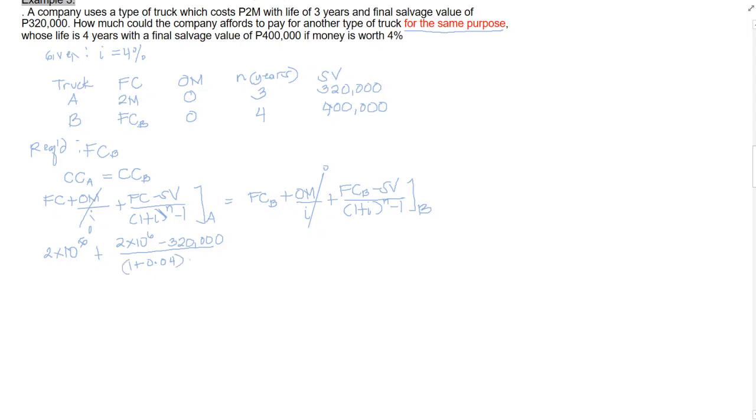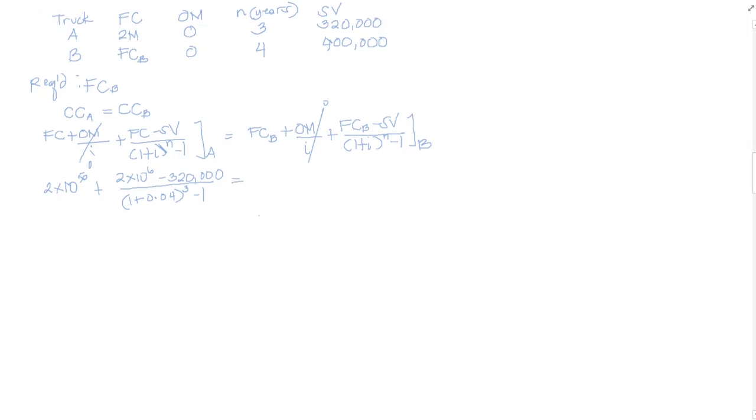Okay, so that is raised to 3, that is the useful life, minus 1 is equal to our requirement, which is FCB, plus 0 plus your FCB, which is the requirement, minus the salvage value, which is given, that is 400,000 divided by 1 plus 0.04 raised to 4 minus 1.